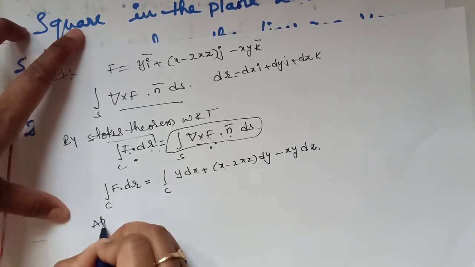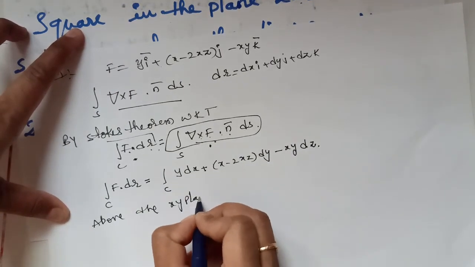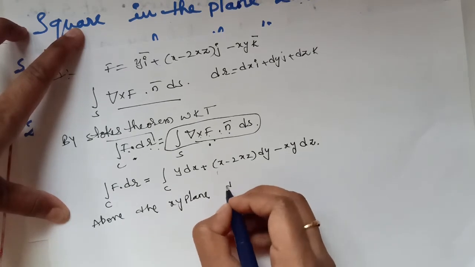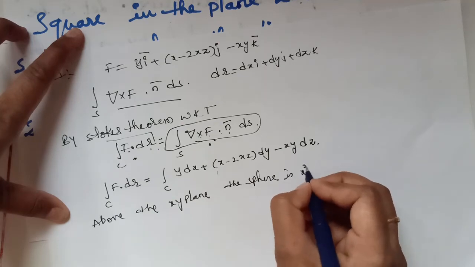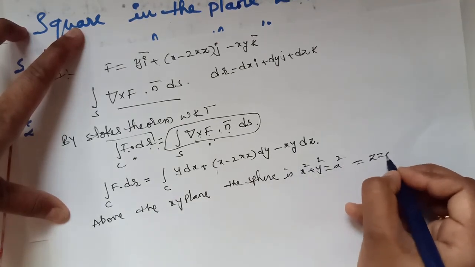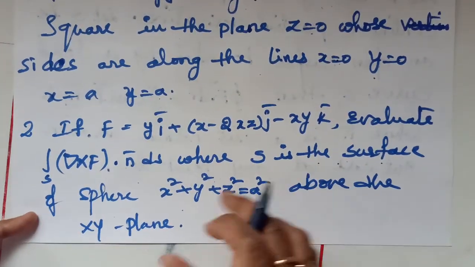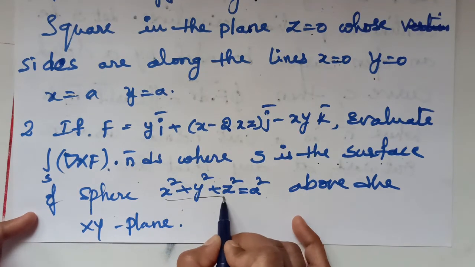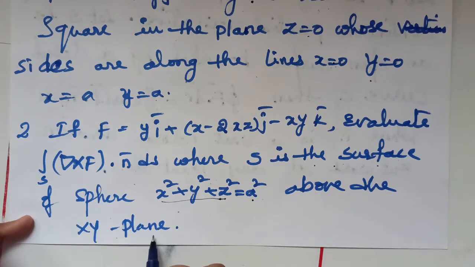So above the xy plane, the sphere is x square plus y square is equal to a square, since z is equal to 0. Here it is given in the problem that S is the surface of the sphere x square plus y square plus z square is equal to a square above the xy plane.